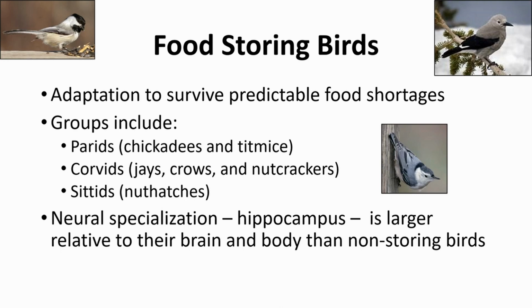And when the two groups were compared on non-spatial learning tasks, tasks that don't involve navigation or remembering where things are, both subspecies performed equally well. So it's not that the Alaska chickadees are smarter or just better at remembering things. It's just that they are better at remembering things related to spatial cues.